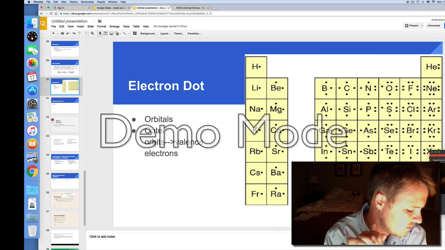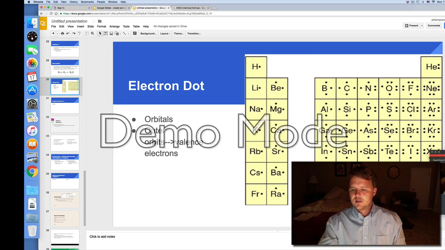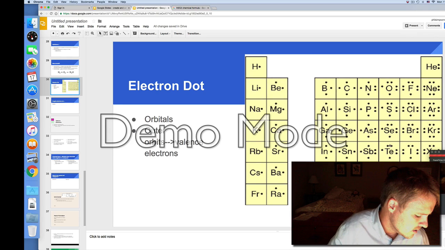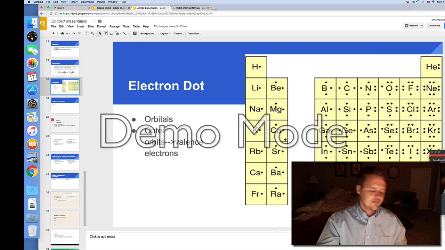What is the chemical formula for the compound zinc chloride? Well, let's see. Is zinc on here? No. Zinc is 2 plus, or it's got 2 valence electrons.